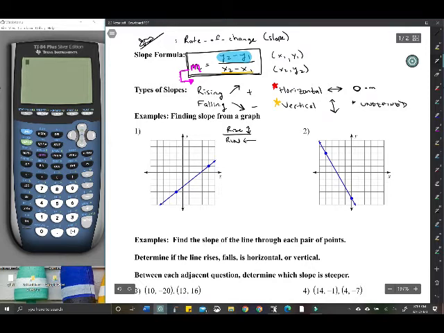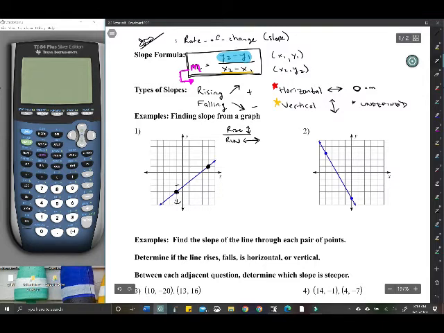The run is the horizontal distance. So if we pick one point, and we pick another point that's nice, don't try and pick one that's not on a coordinate point or an axis. It's just easier. From this first point, we are just going to count.